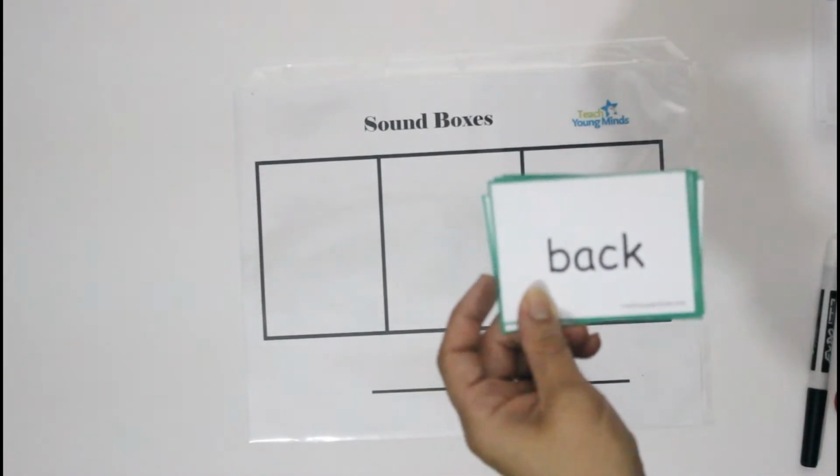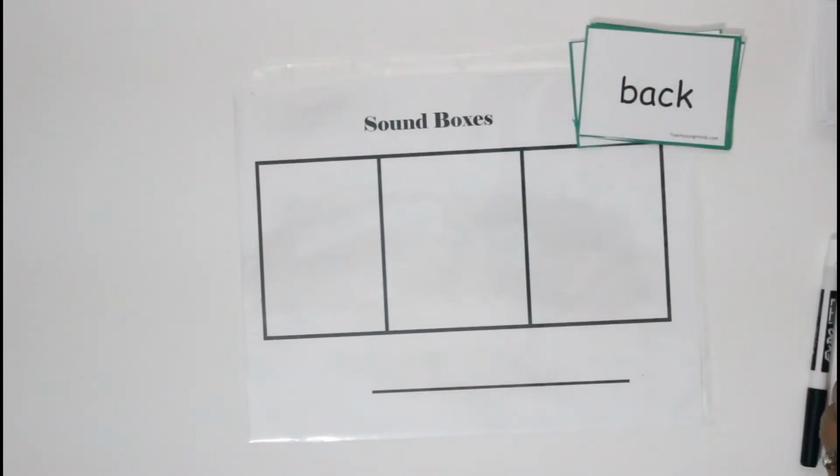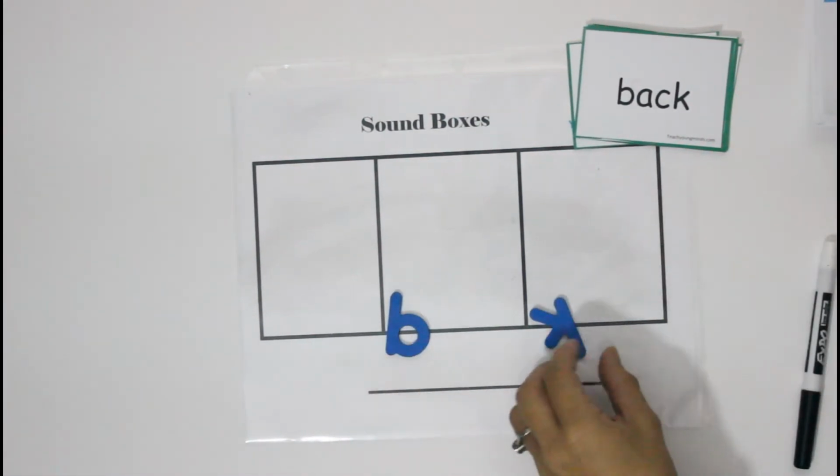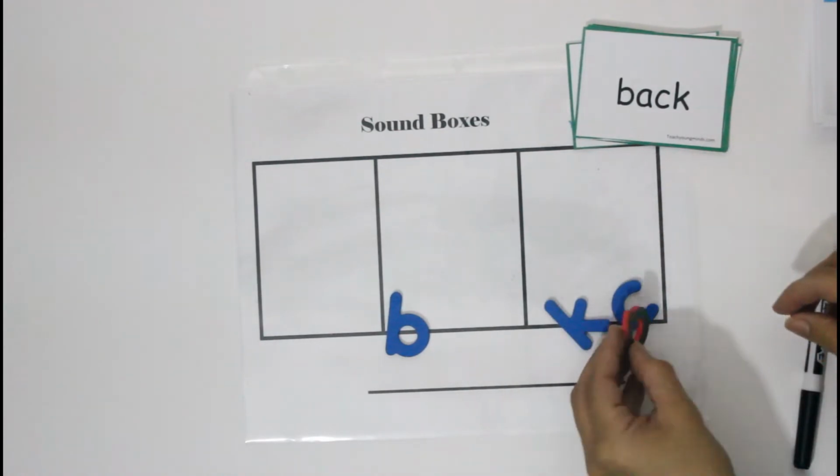So I have cut it out, and we're going to first make it. Actually, before making the word, I would have my learners tap out the sounds using their hands or using the coins with the sound boxes as before. I just forgot to add it in this video. With these magnet tiles again, I'm going to have my learners make this word.